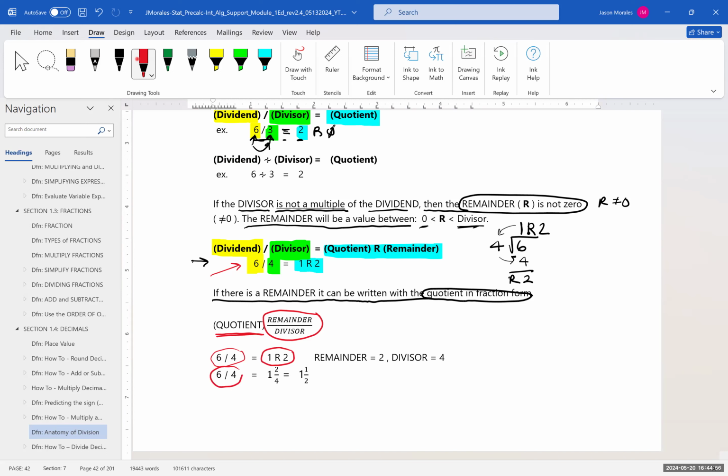But we can think of 6 divided by 4 as being the quotient here with the remainder over the divisor. So that's going to be 1 2/4. And 2/4 can be reduced down to 1/2. So we could write 6 divided by 4 as 1 remainder 2, or equivalently as 1 1/2.